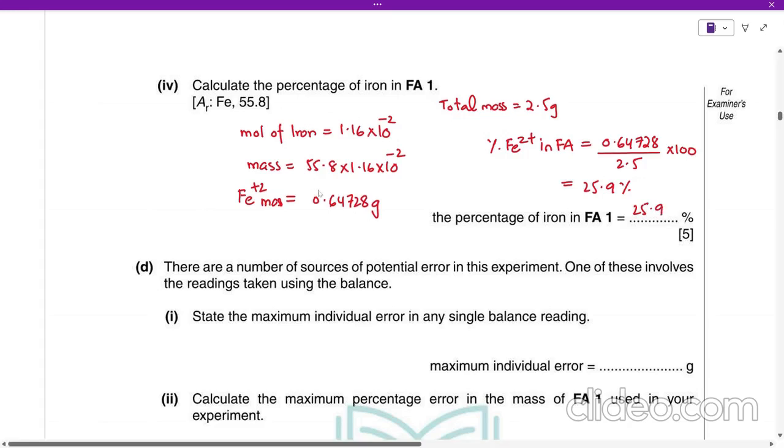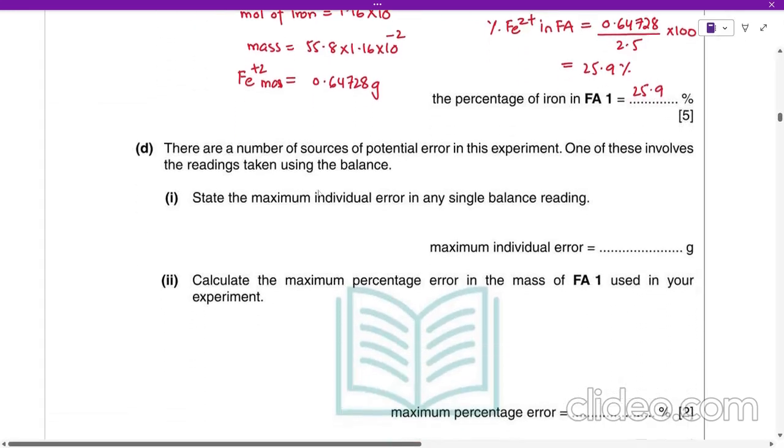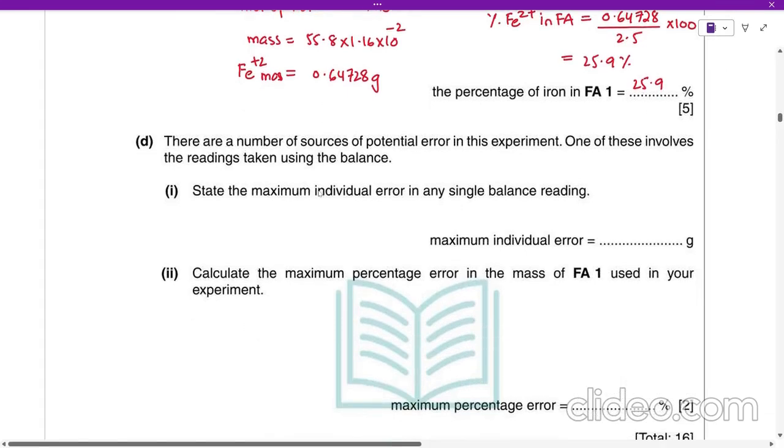Now the D part says there are a number of sources of potential error in this experiment. One of these involves the readings using the balance. State the maximum individual error in any single balance reading. So as you know, we took the reading of the balance to two decimal places, which was 2.50.